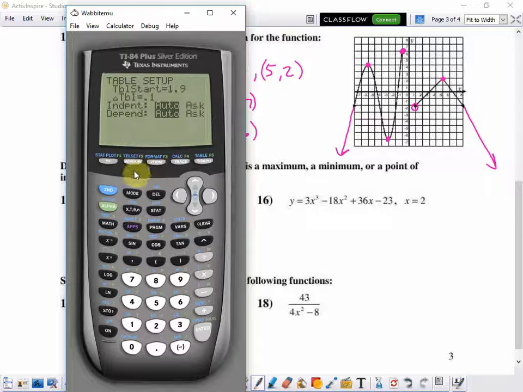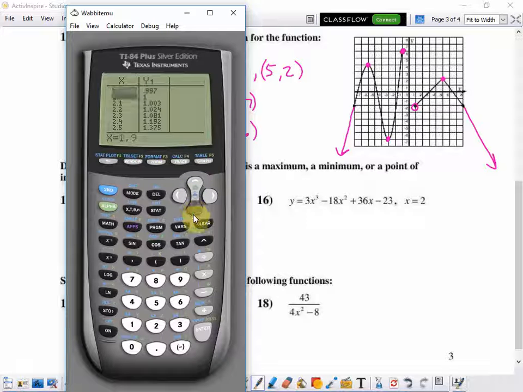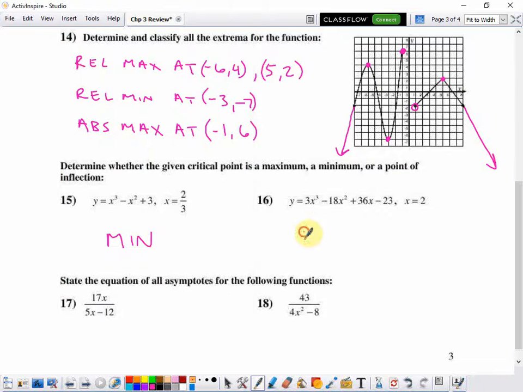So now, table set, table, up 1, that looks better. So my output at x equals 2 appears to be between the outputs on either side of it, which makes it a point of inflection.